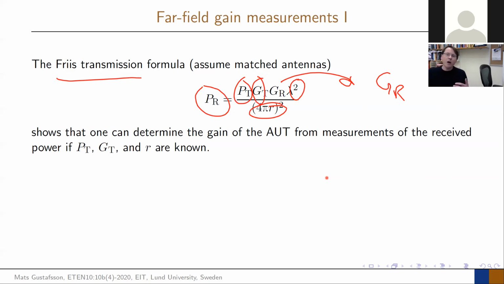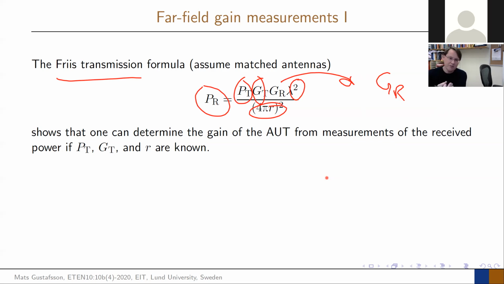So that is one way of doing these kinds of measurements, but it doesn't work very well. Even if the Friis transmission formula is very accurate, it includes things that we usually don't have control over.